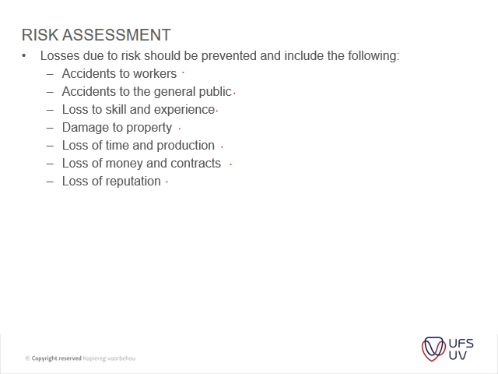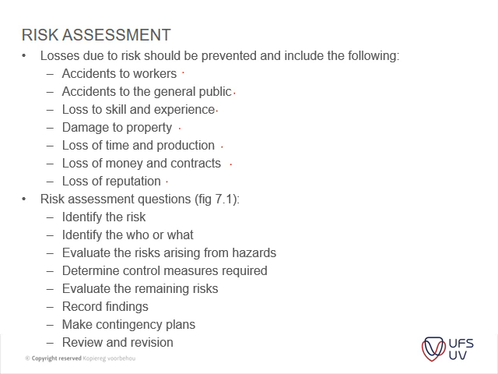You will see Table 7. Table 7 is very important for examples and for discussion purposes, so please note that. But the basic steps highlighted in Figure 7 are, firstly, you need to identify your risk, and then you identify who or what might be harmed, and then you evaluate the risk arising from hazards, and then you determine the control measures that are required.